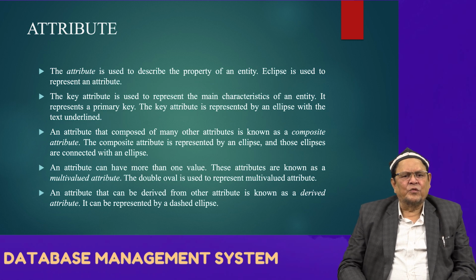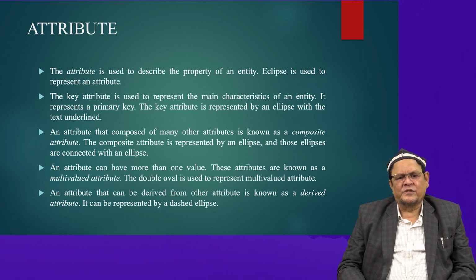The other is attributes. Every entity has unique features called attributes. Before we know the types, we must know what attributes are. Attributes are used to describe the properties of entities.